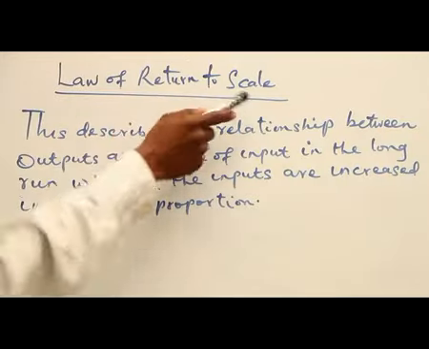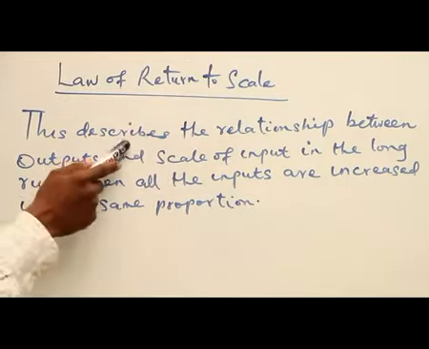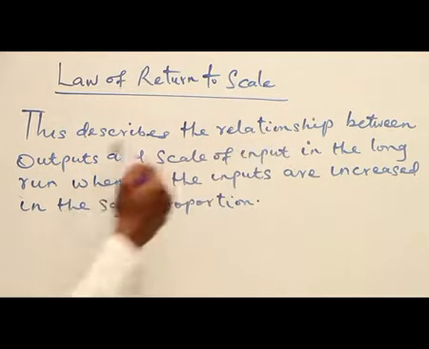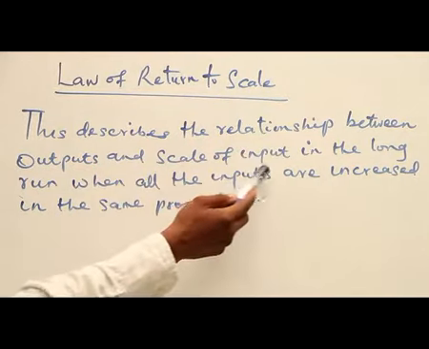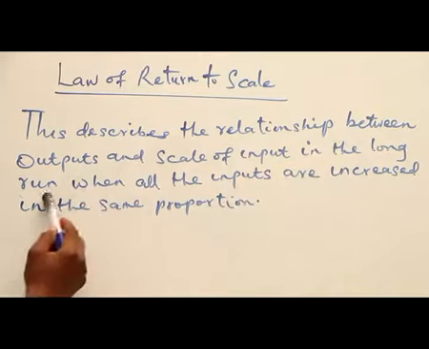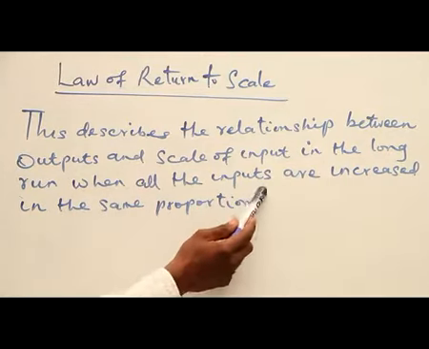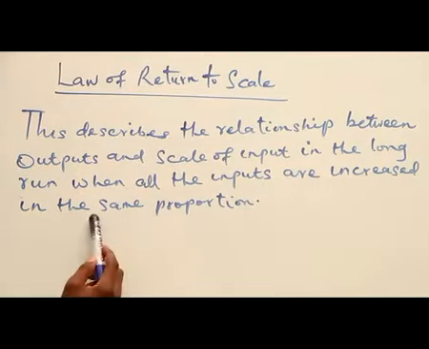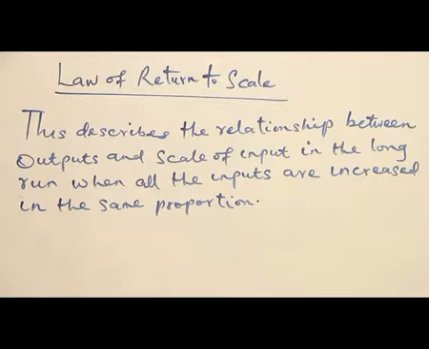Law of return to scale. This describes the relationship between output and scale of input in the long run, when all the inputs are increased in the same proportion. When we are talking about the law of return to scale, it implies that all the inputs of a firm have become variable inputs, and the firm is already in the long run period.